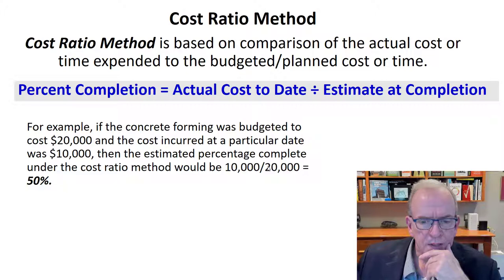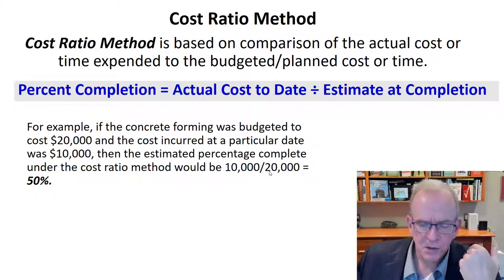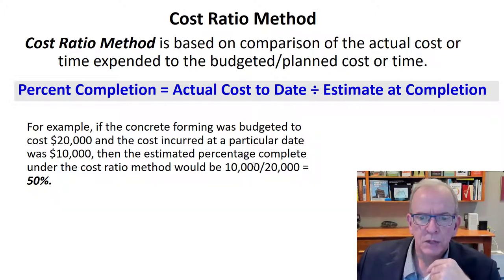Well, what if estimate at completion was now $30,000 instead of $20,000, because you're not that far along as far as doing the actual work? Yes, you've spent $10,000, but you still have another $20,000 to go, because you're not going that fast.